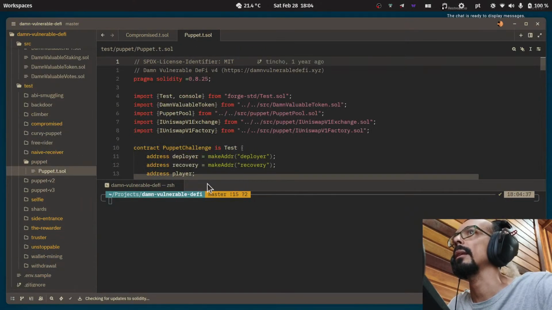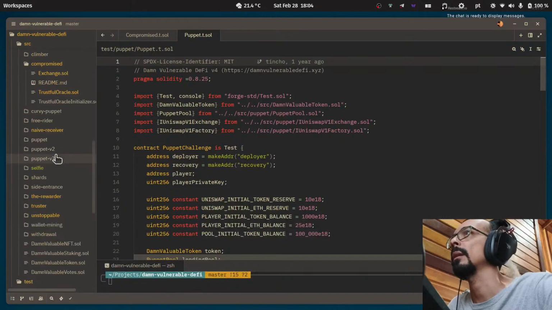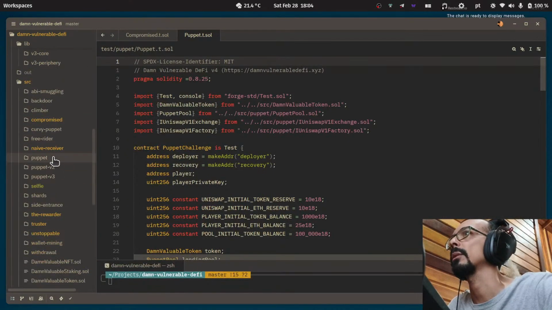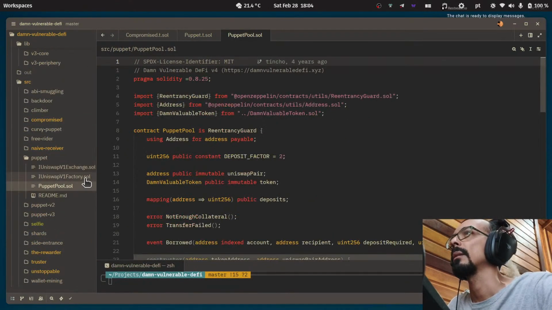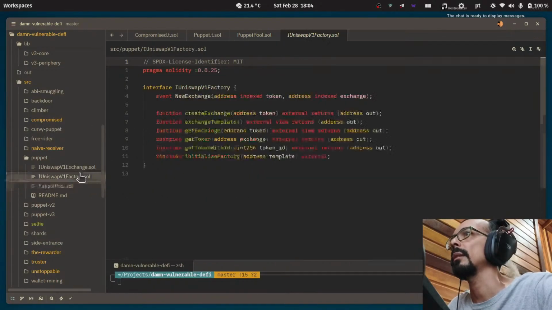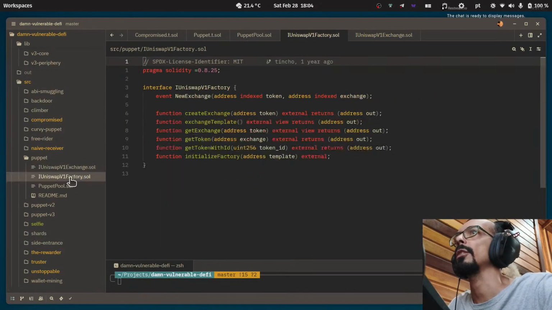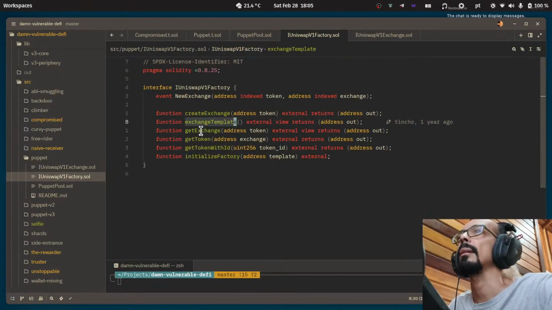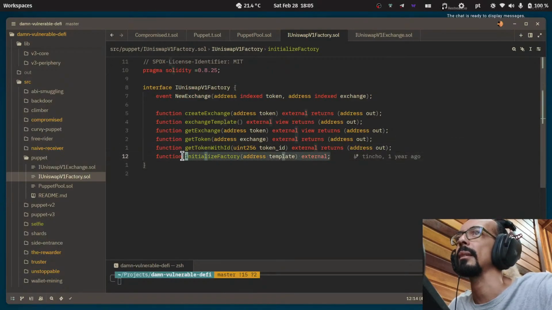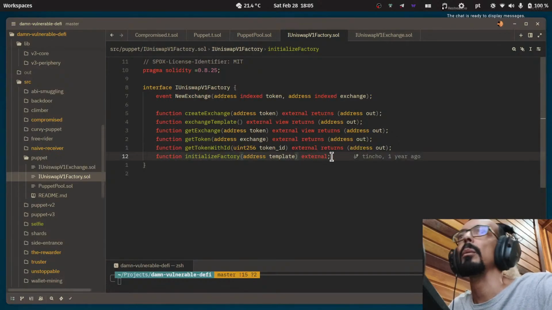So that's our tests. And then here in the puppets, we have the contracts. So we have two interfaces here, for the factory and for the exchange. So the factory, Uniswap, they have create exchange, template from the exchange, get exchange, token ID, initialize factory. That's external. That can be a problem already.